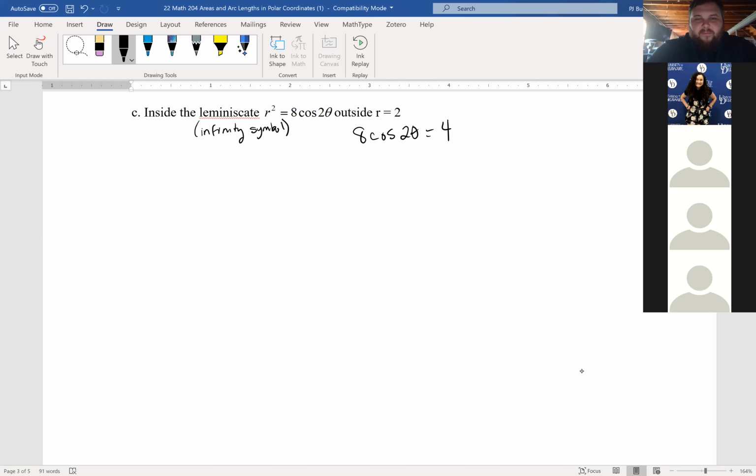If I divide by 8 on both sides, then I have this. Take the inverse cosine of both sides and have that. And then finally, if I want theta, that's 1/2 the inverse cosine of 1/2. So in radians, what angles are those?